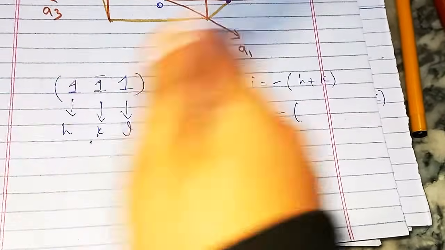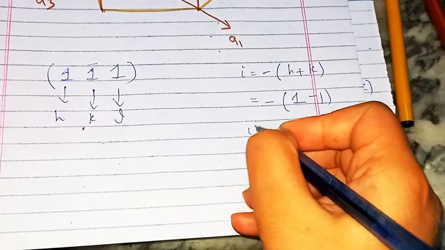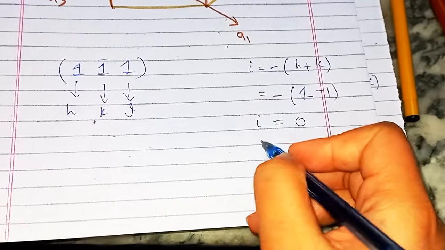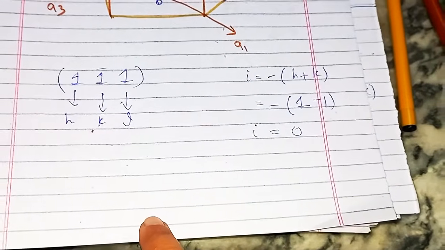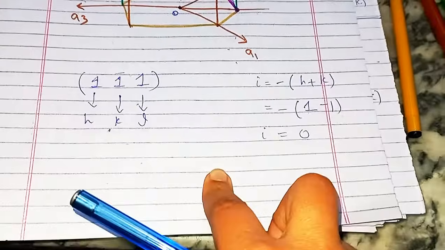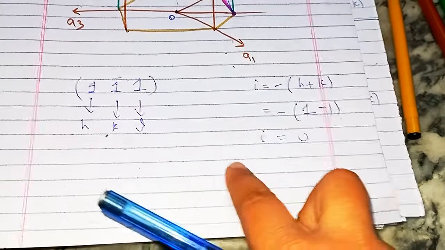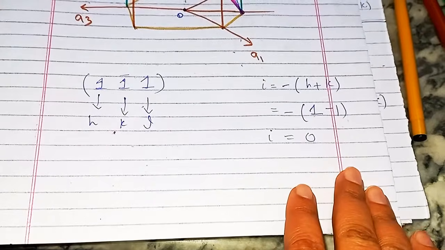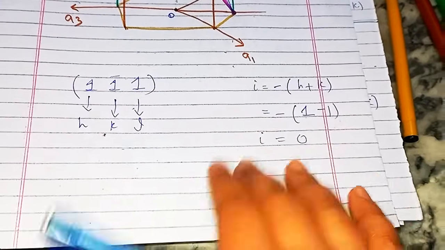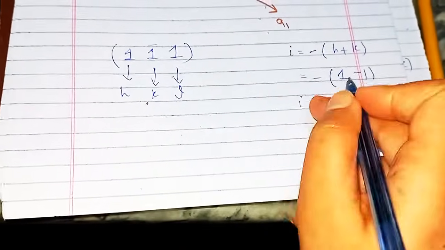Here H is 1, K is -1, 1 minus 1 is 0, so I is 0 here, and hence since I is 0, it has to be incorporated into the process. If I had been any other number other than 0, we wouldn't need it in the process, but since it's 0, we need it.